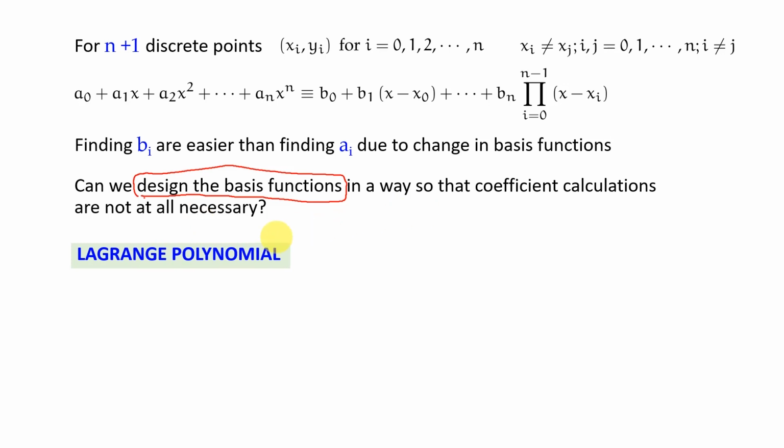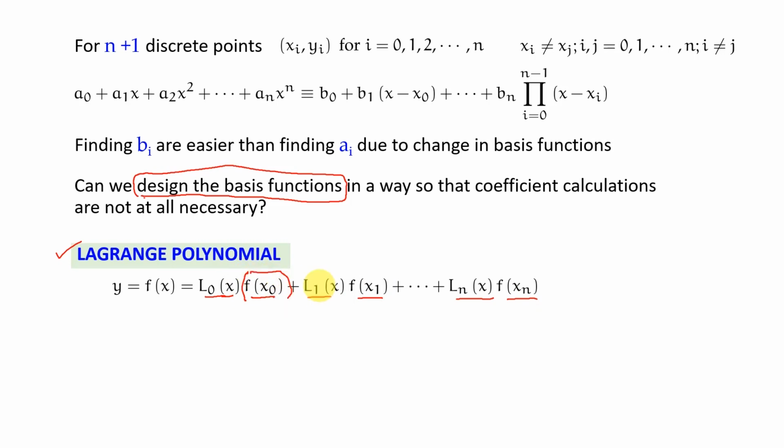We do so using certain type of interpolating polynomial known as Lagrange polynomial. In Lagrange polynomial, the basis functions are L0 of x, L1 of x, Ln of x, etc. And the coefficients are f of x0, f of x1, etc. all the way up to f of xn, which means that we already know this f of x0, f of x1.